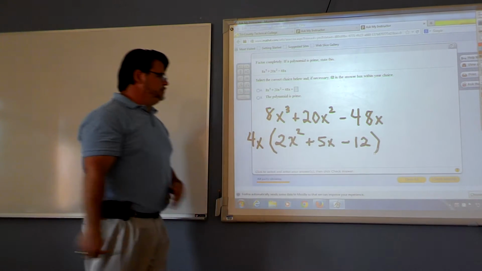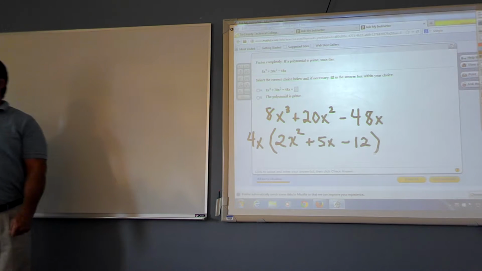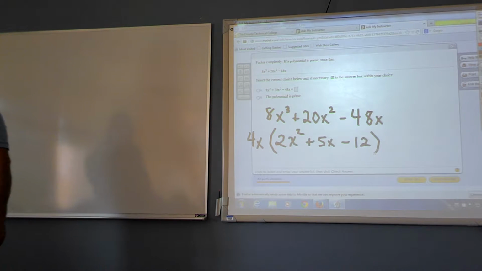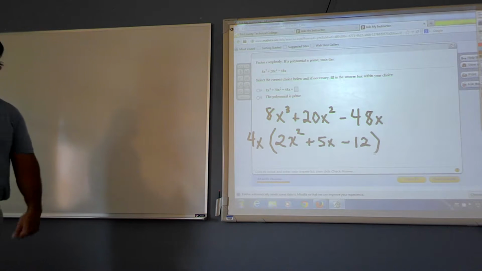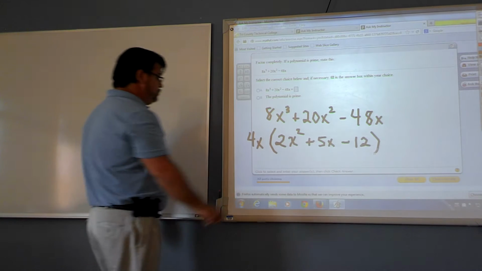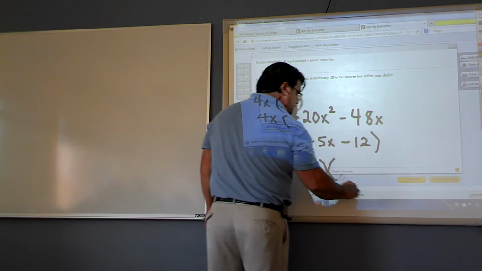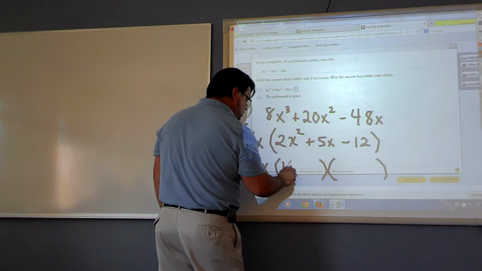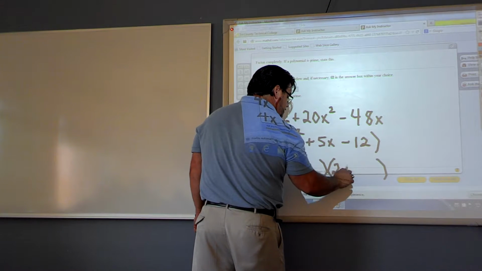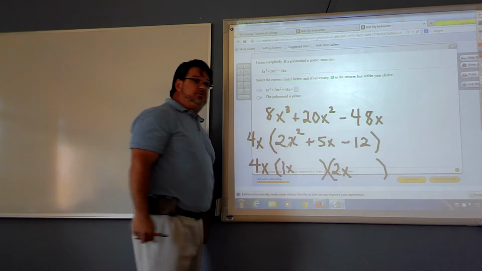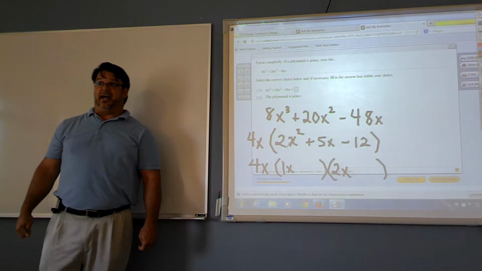And now, you know it's reverse FOIL unless it's prime. And I usually don't put a prime on there. So, the rules for 2 sets of parentheses, I'm gonna go ahead and put my 1x here and my 2x here, because there's no way you can mess up 2x squared unless you just really try.